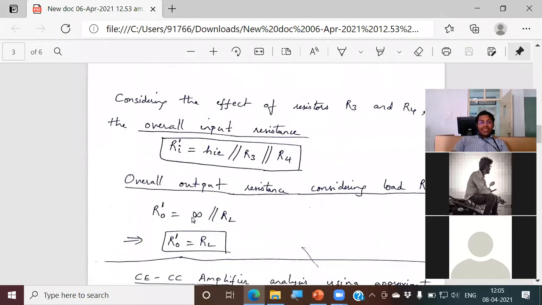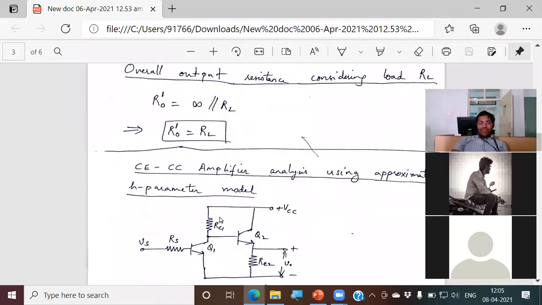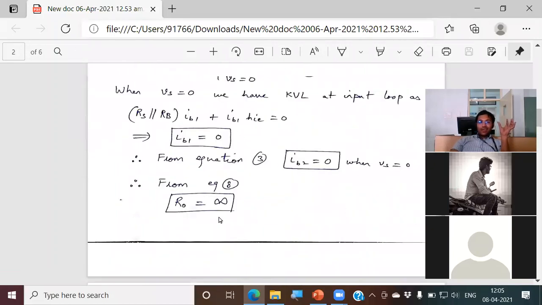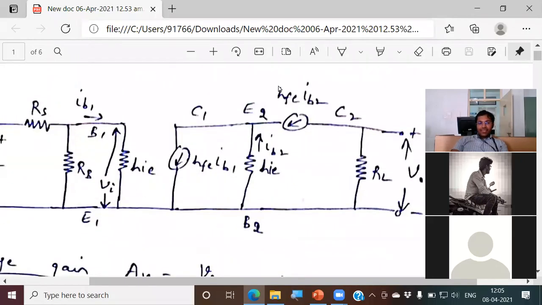So I can write infinity parallel with RL. Infinity means open circuit, nothing connected. Now when I consider the effect of RL, RL is connected, so the overall resistance is RL. So we have carefully analyzed an amplifier circuit. First we analyzed the central part, then slowly we included the rest.